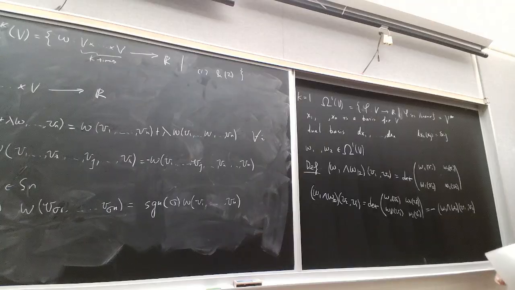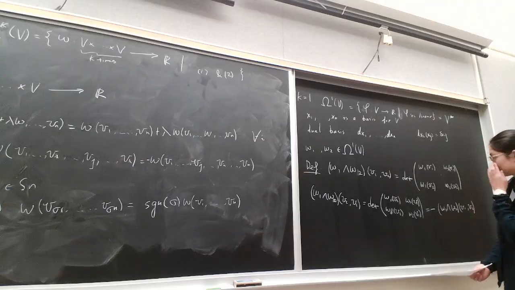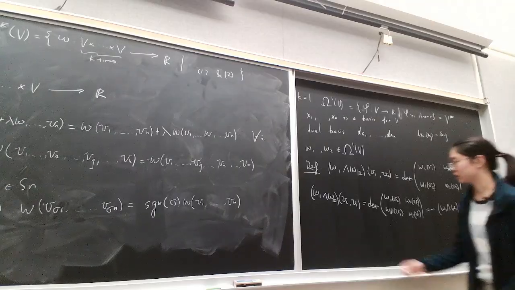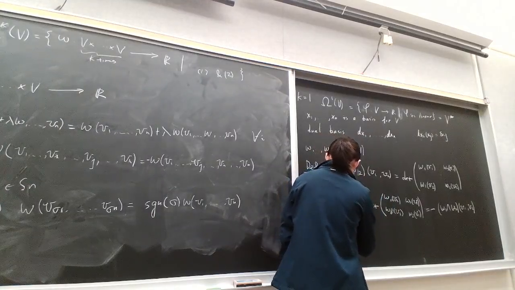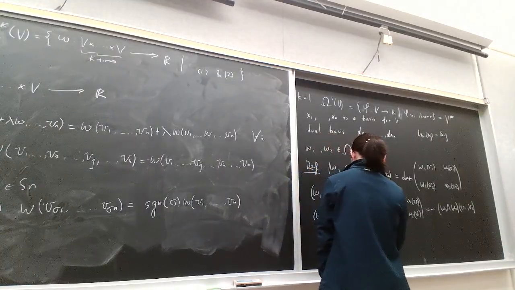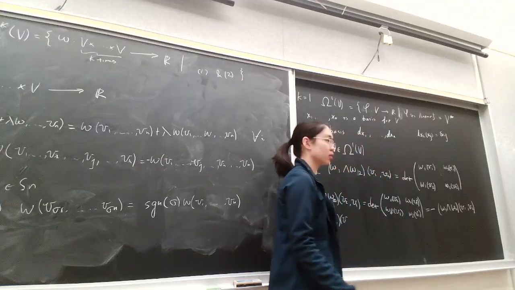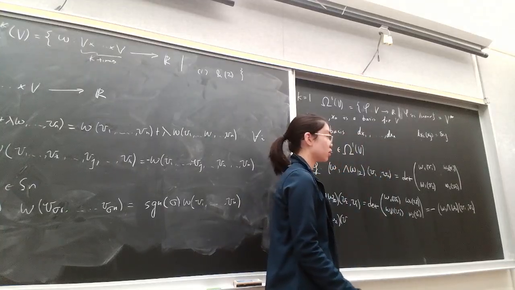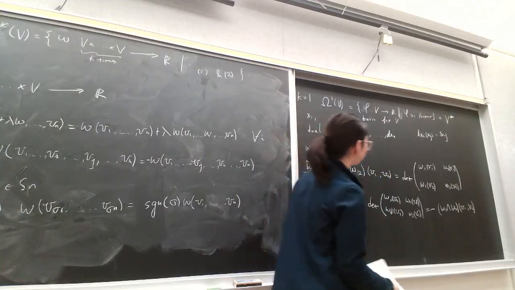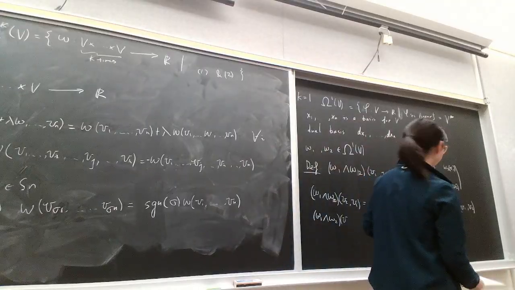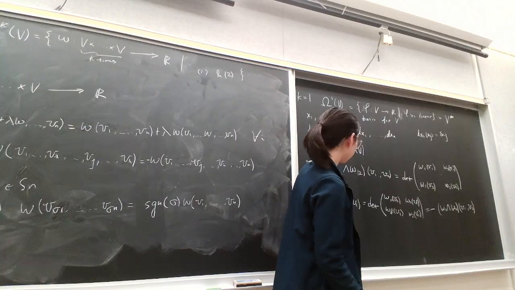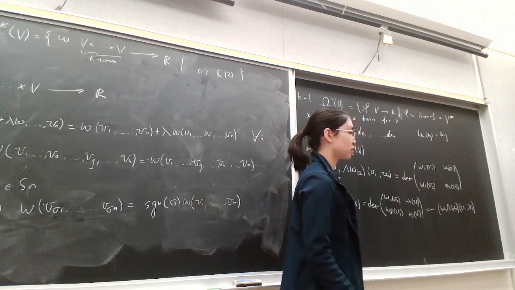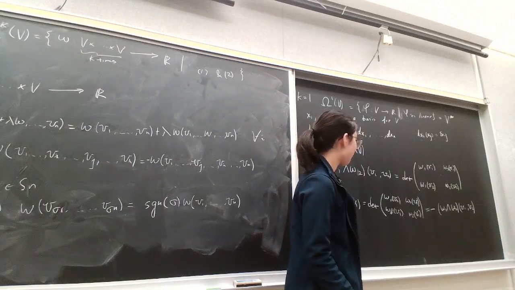And how do we see it's linear in each entry? Just compute it. The determinant is linear in each row. You care that it's linear in V1 and V2.